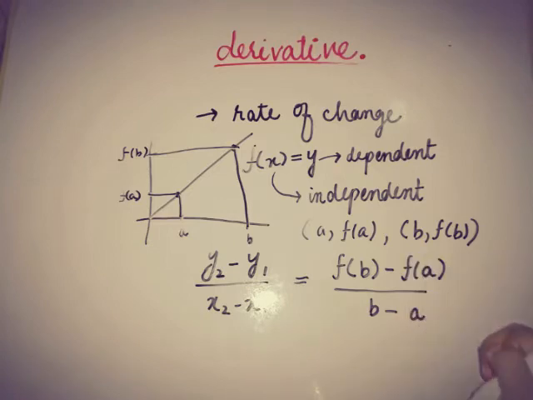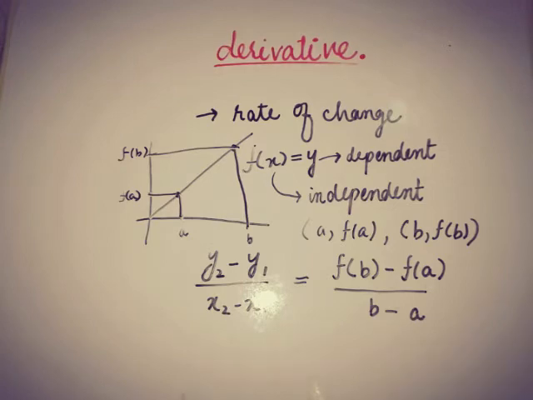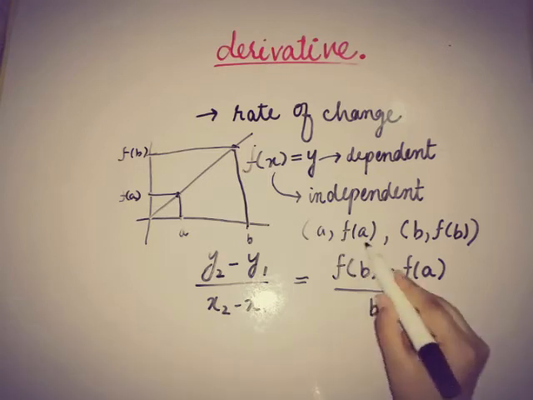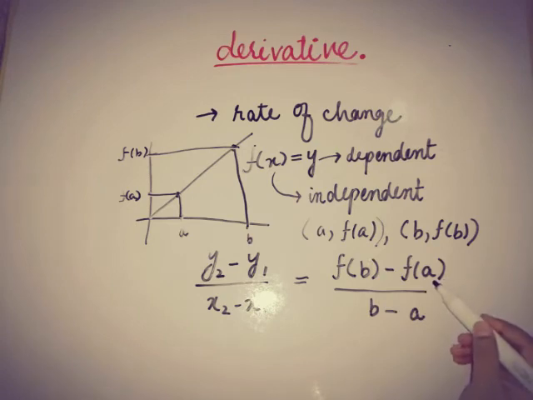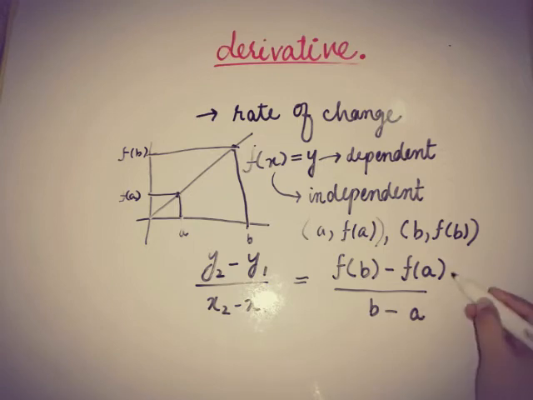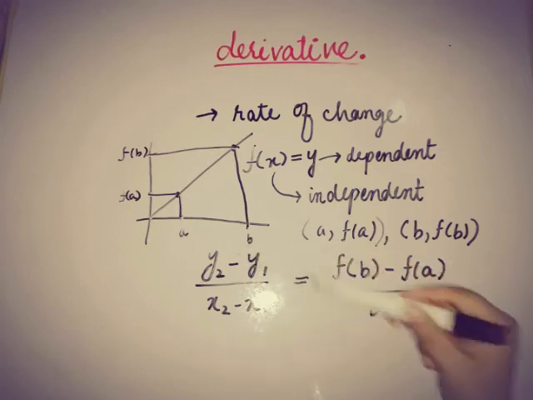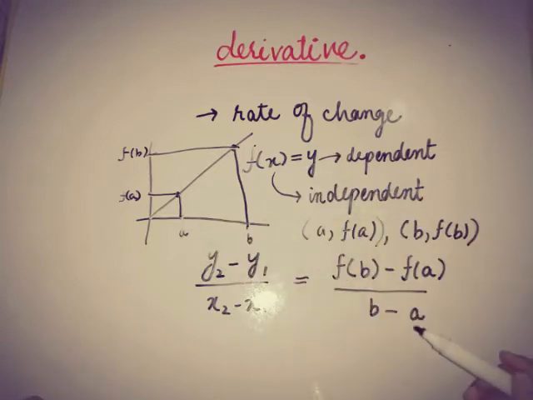So the average rate of change of the function f of x over an interval between 2 points, a, f of a and b, f of b, is the slope of the secant line.